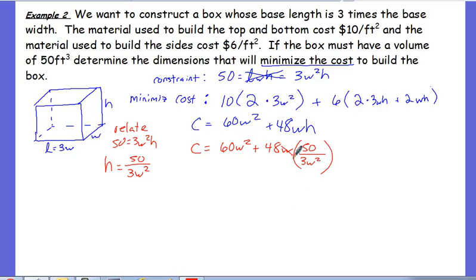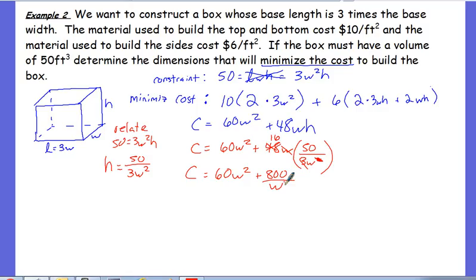One of them is going to cancel. And then a 3 and a 48, 16. So does everybody see what I have going on here? I have 60W squared plus 16 times 50, $800 over W. Everybody good? Good?